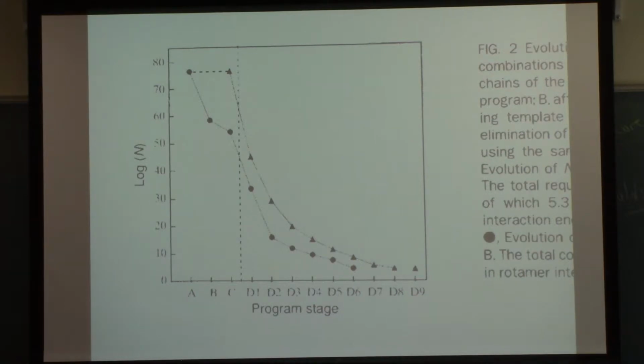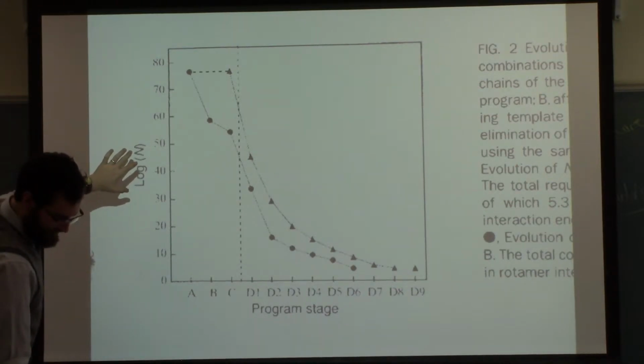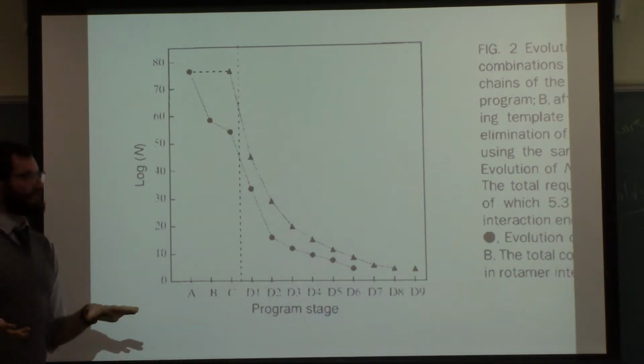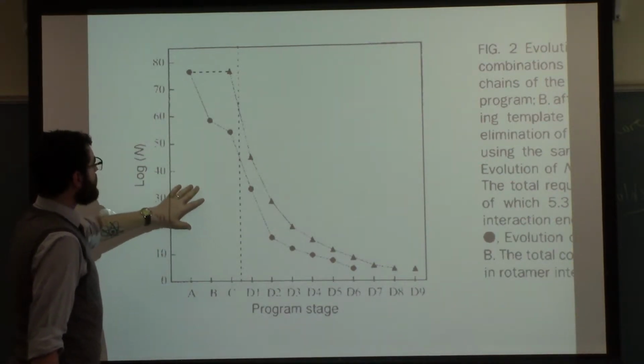And so here's an example where N is the number of rotamers they have to consider. They start off, this protein has 76 residues that they're going to be considering. And there's two types of simulations here.